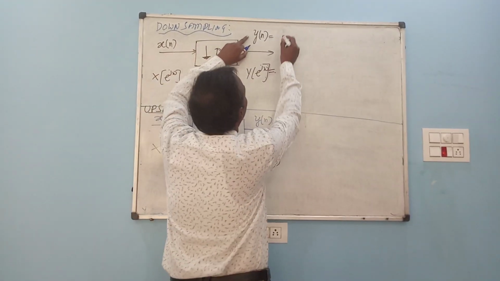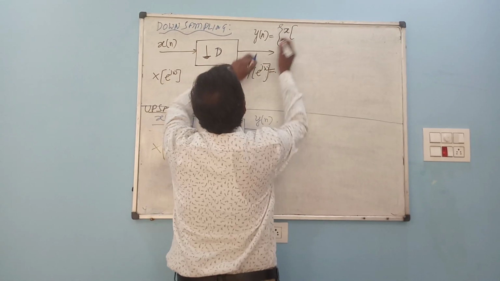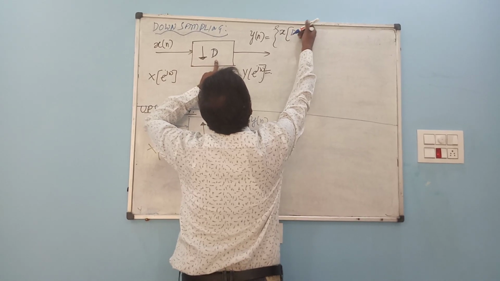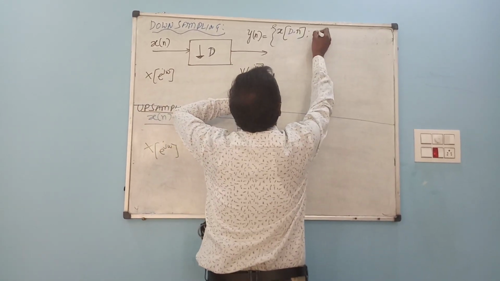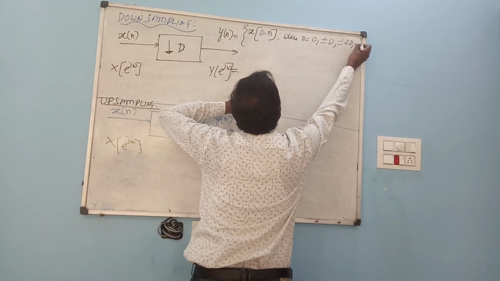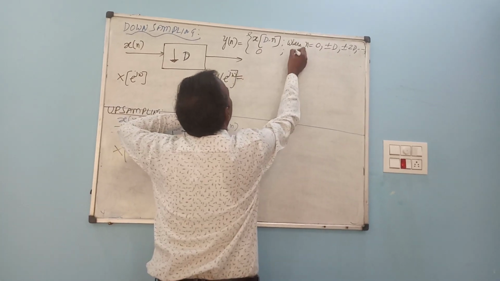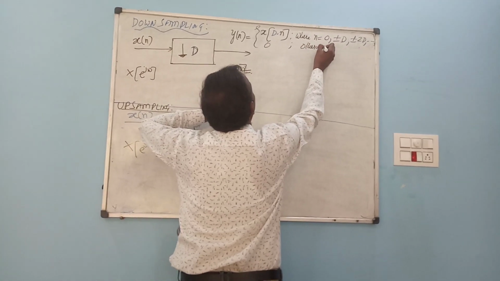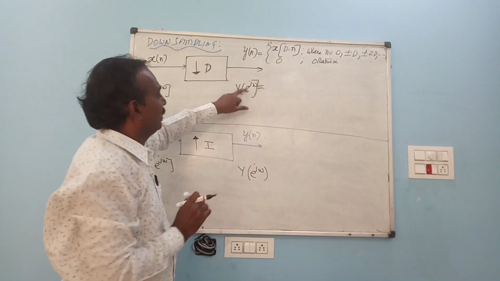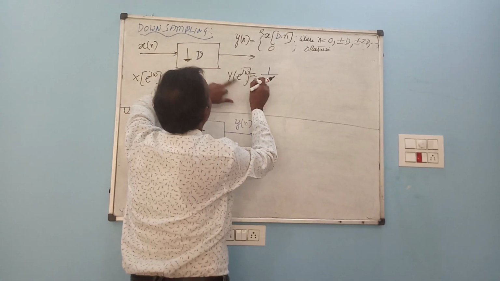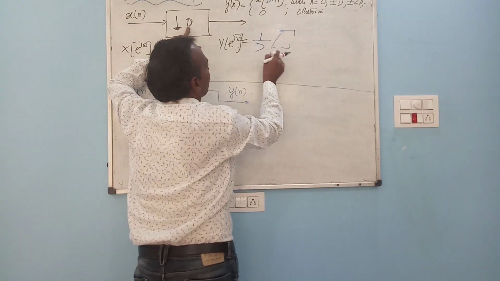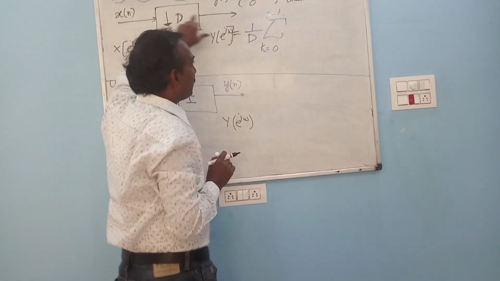The relation we have seen: y of n is x of d times n, where the downsampling factor is d, and n is 0, plus or minus d, plus or minus 2d, and so on, and it is 0 otherwise. Now for the frequency domain, the spectrum of the downsampled signal is 1 by d times the summation, where k is from 0 to d minus 1. We have to remember these expressions.